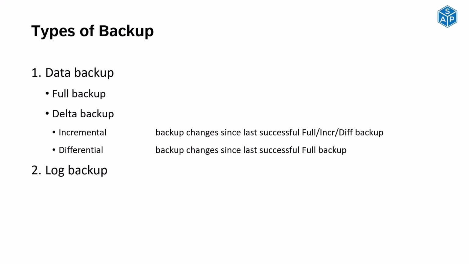You will find this term only in the HANA database. In other databases, and in any backup software, you will only find full backup, incremental backup, and differential backup. But here they have introduced a new term called delta backup. And under delta backup, you have incremental and differential backup.